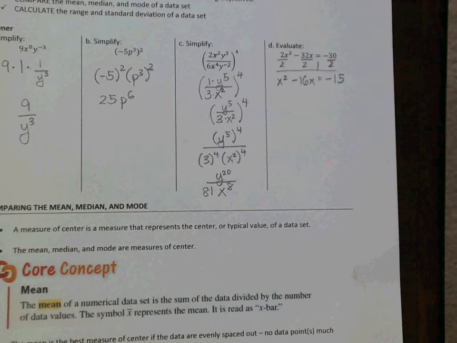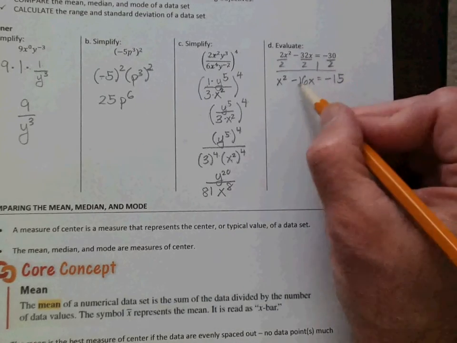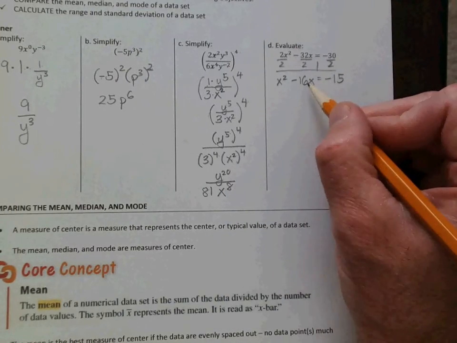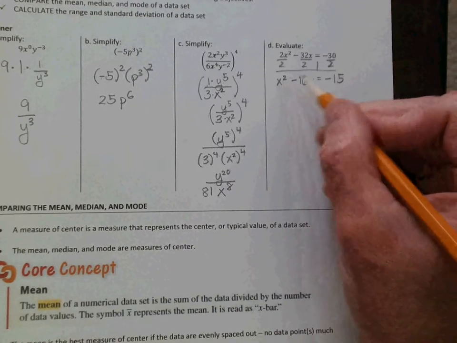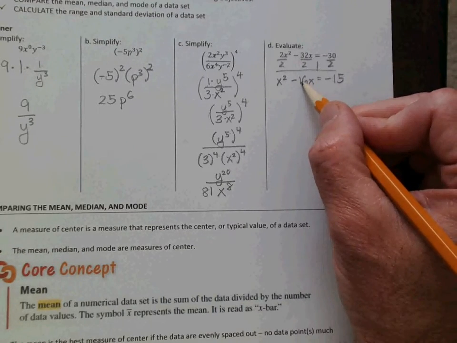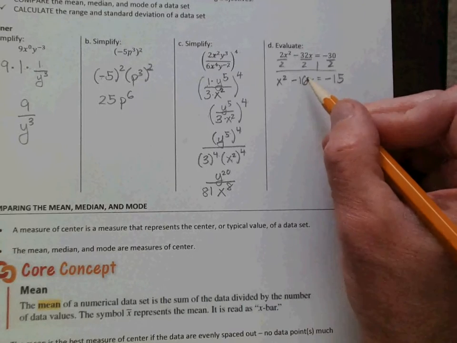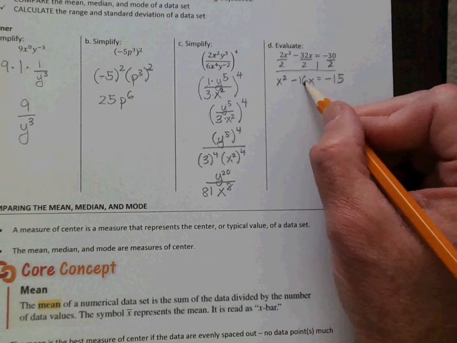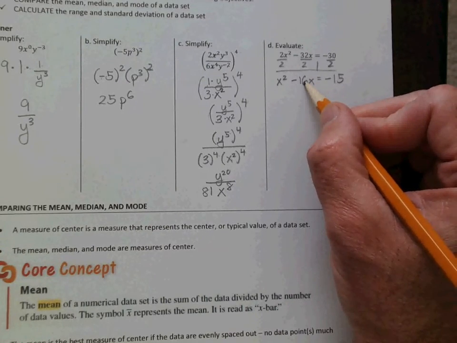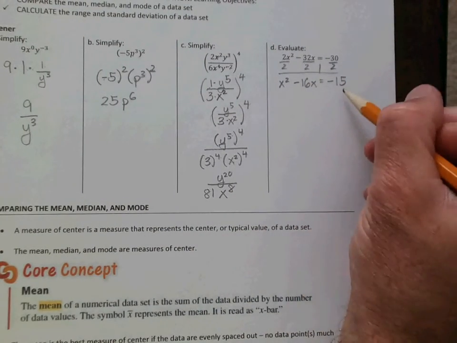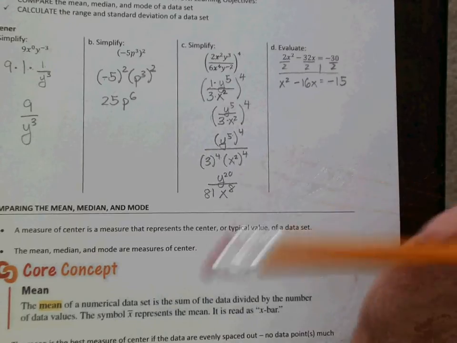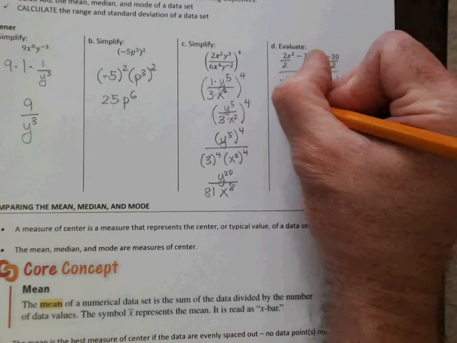I can try and solve this by factoring. Square roots won't work because of the linear term, but I do have factoring. I could solve it using completing the square, because b is even, and I always have the quadratic formula. Since b is even, I'm going to use completing the square. I'm going to let you in on a little secret here. I also see it easily factors, but if you want to factor, you can.